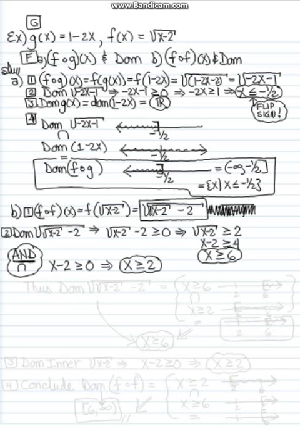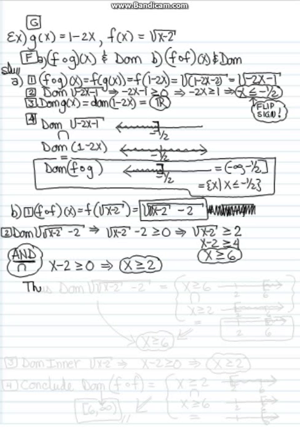Okay, so we found the restriction on the larger radical for this formula is x greater than or equal to 6. The restriction on the smaller radical on this formula is x greater than or equal to 2. So the restriction on the entire formula is the intersection. In other words, all the values of x that live simultaneously in the domain of the big radical and the domain of the little radical.